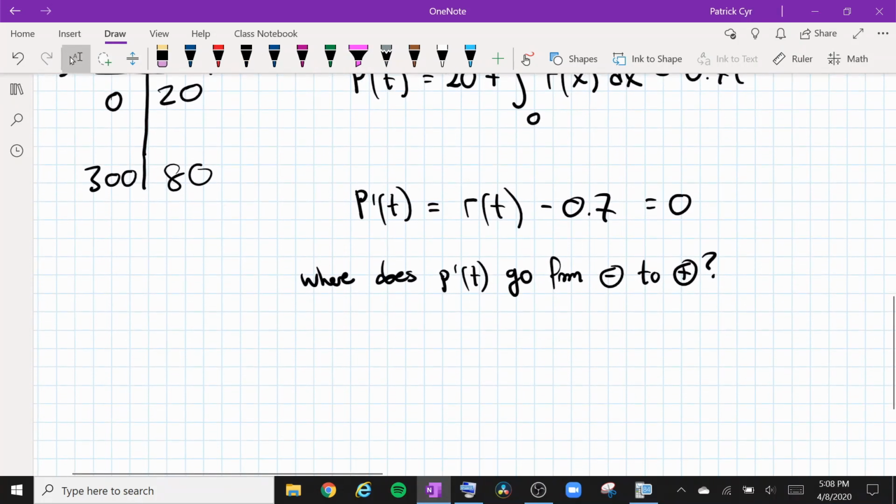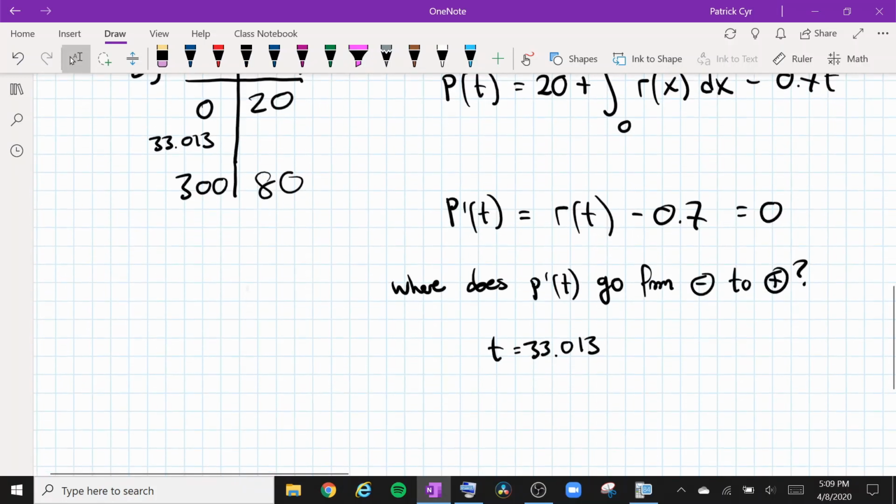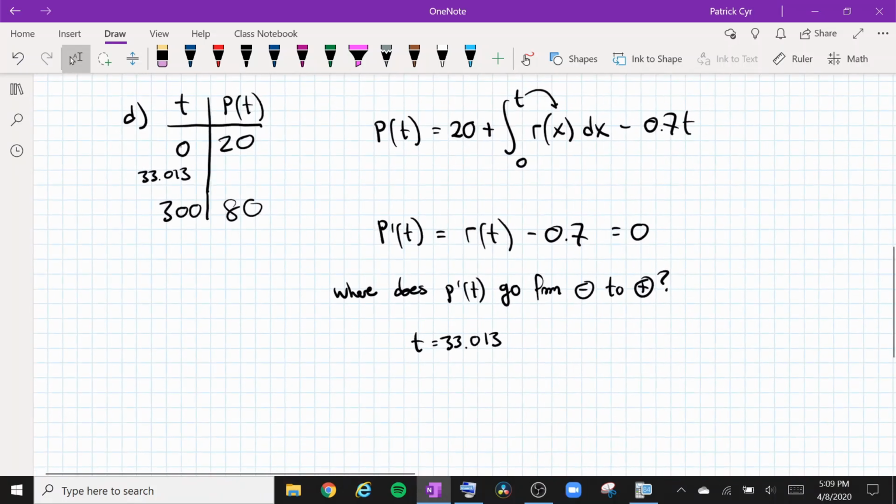What you're going to do is find where the derivative goes from negative to positive, or that graph goes from negative to positive, and t should equal 33.013. Okay, so that's our t-value here. And then to find the actual p-value, you're going to plug that into this equation here.